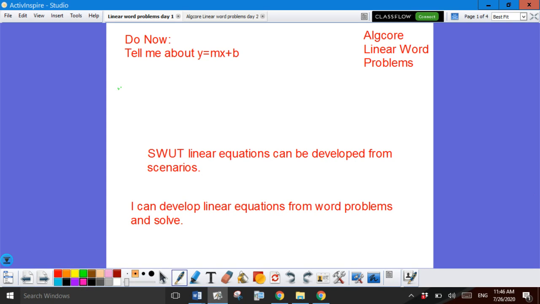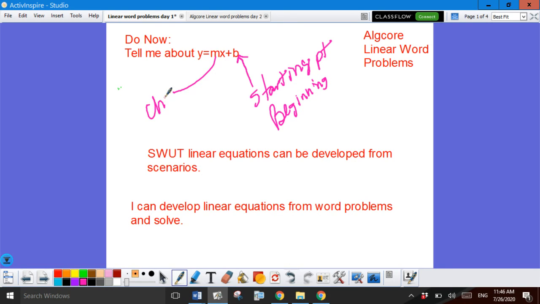and hopefully you can tell me that this one is my starting point or the beginning. Okay, the beginning. And this one is the one that changes. Okay, now here's what we need to think about.